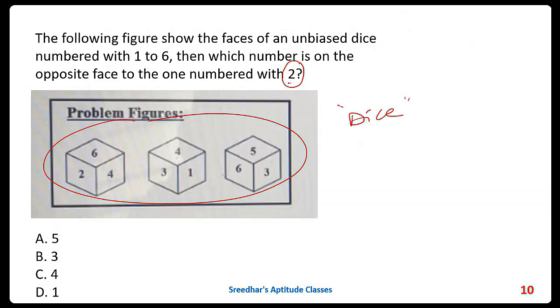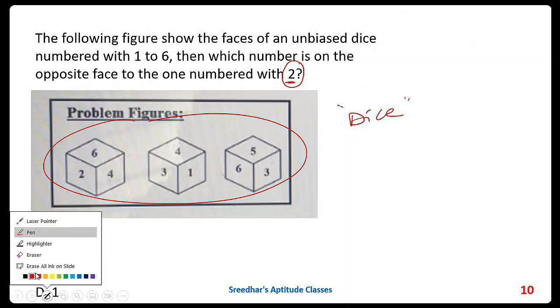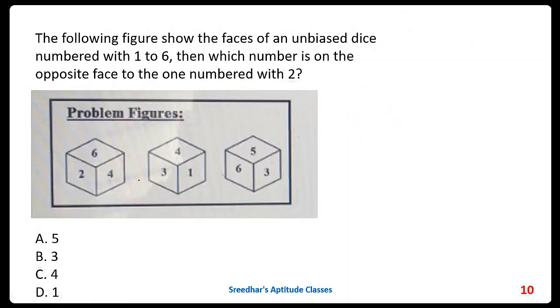Which number is opposite to 2? I think for all of you, I have covered dice cubes and the dice concept while conducting sessions in your college. So here is the answer.